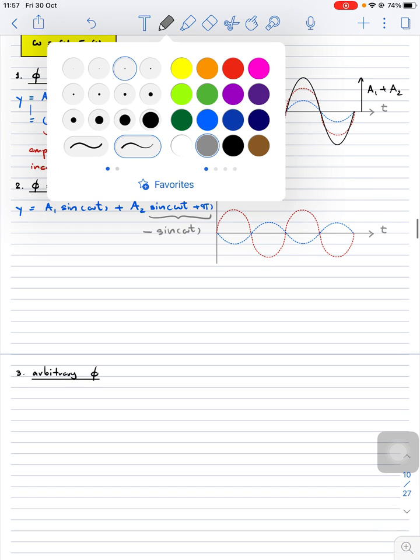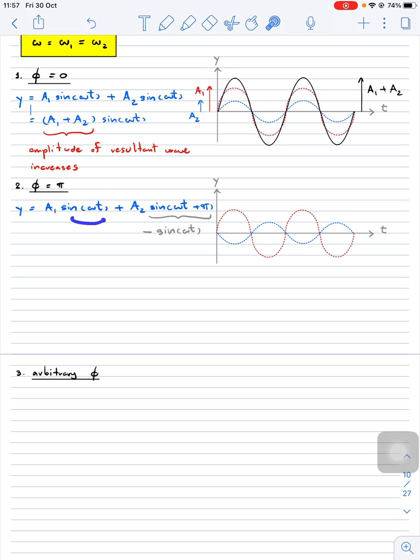Okay, right? Then in this case, you can see that we have the same sine omega t, but this one we have A1, this one we have the negative A2, right? If we combine together, we're going to get A1 minus A2, and then times the sine of omega t. So it means that the amplitude of the resultant wave is going to be smaller.